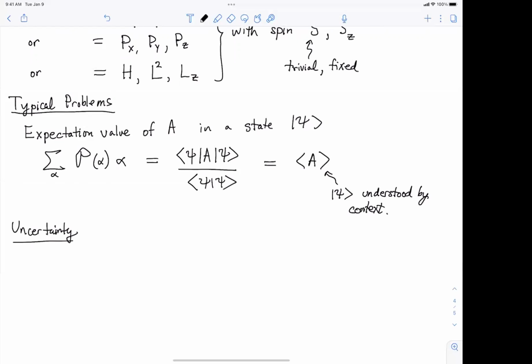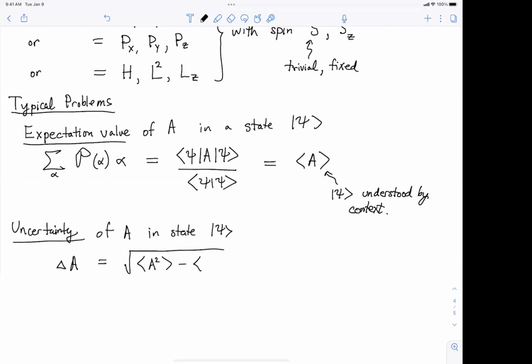Then there's the uncertainty. The uncertainty of A in the state psi, written like that, is equal to the expectation value of the operator squared minus the square of the expectation value, and then you take the square root.